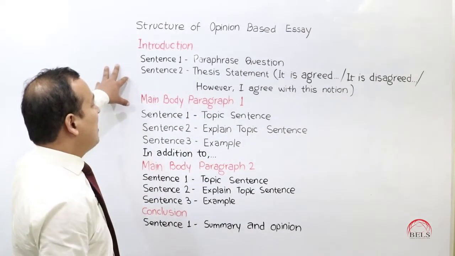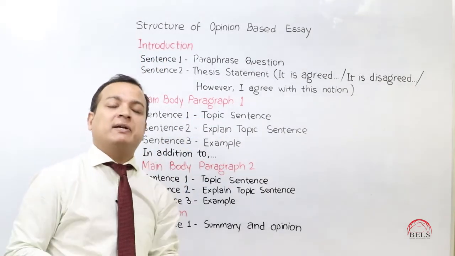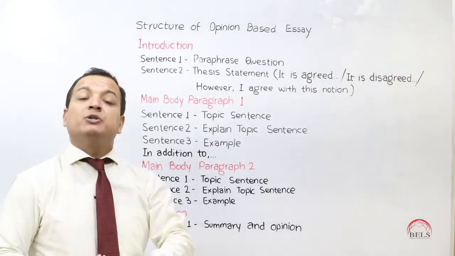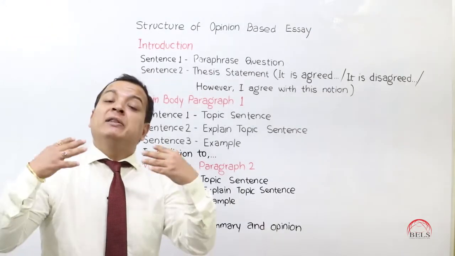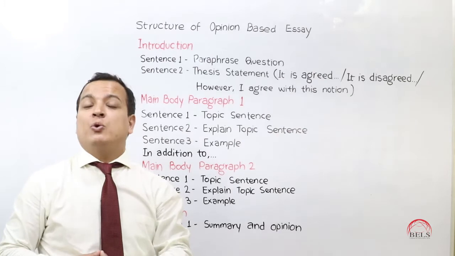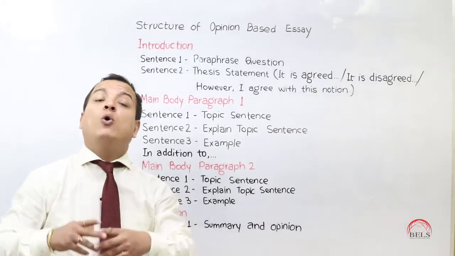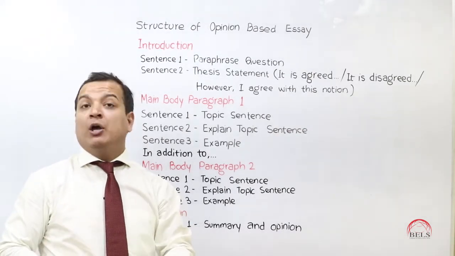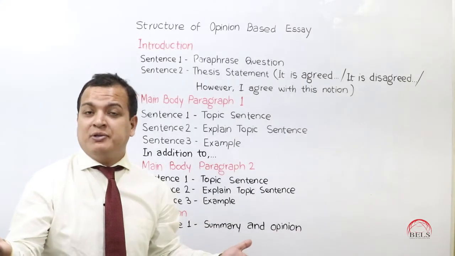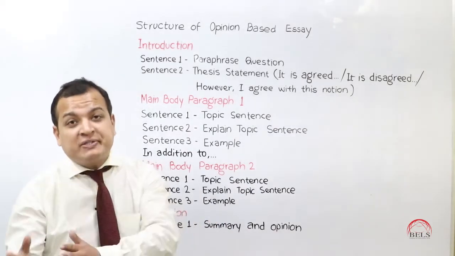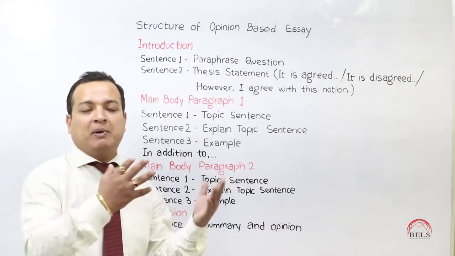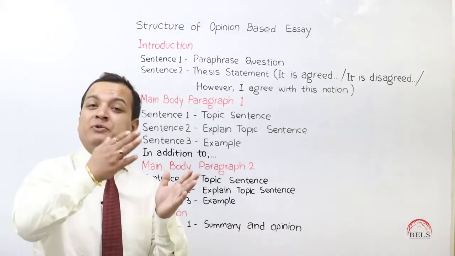Now introduction part, if you get the agree or disagree question, like to what extent do you agree or disagree, that means the question is clearly asking you whether you agree with the statement or you disagree with this statement. You can say I agree with this notion, that's not a problem, but if you say I agree with this thing, you have to follow the same track completely.